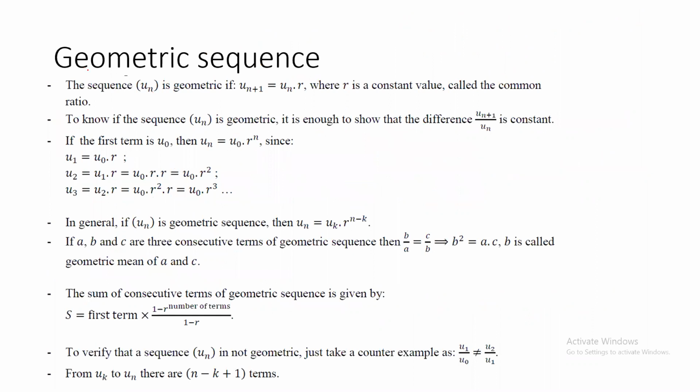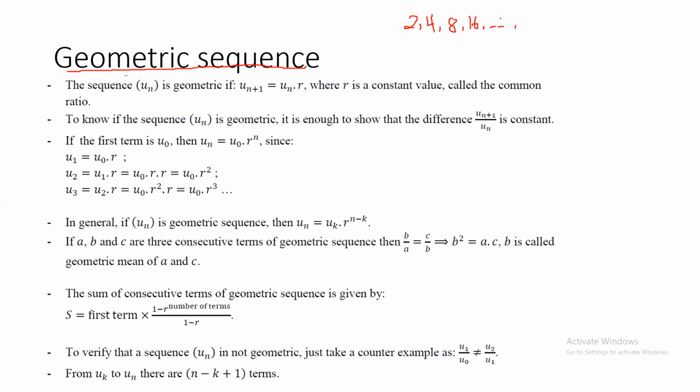Hello, we have another type of sequence called geometric sequence. I will give an example. If I take the geometric sequence 2, 4, 8, 16.